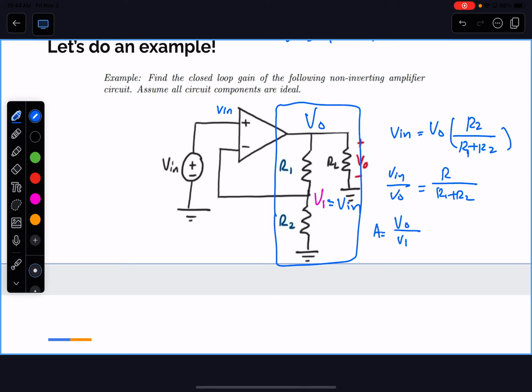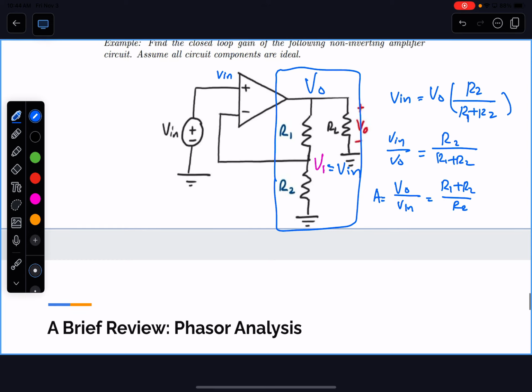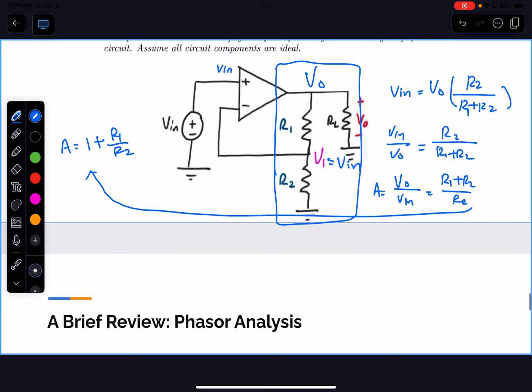V naught over V in equals R1 plus R2 over R2, which then gives you this very famous formula that we'll be using: A equals 1 plus R1 over R2. Did I hear it right? Yeah, okay. Now that's going to be what you use to control.